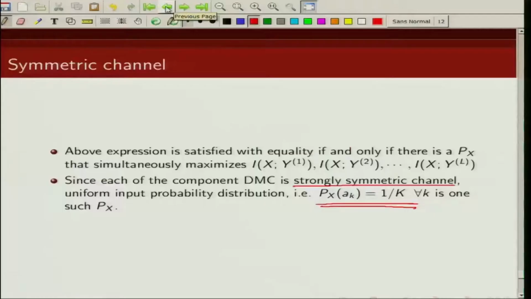Hence, the capacity is given by the summation of the selection probability multiplied by the individual capacity, summed over all such L discrete memoryless channels. So we will illustrate how we can decompose a symmetric channel into strongly symmetric channels, and then we will use the expression for the strongly symmetric channel to compute the capacity of a symmetric channel.